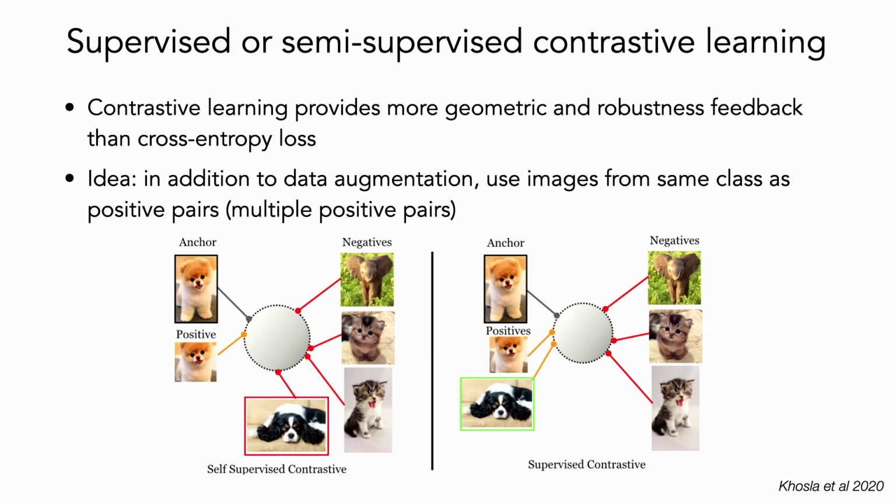So if you have images from the same class, you can use those as positive pairs. Or if you don't have labels for everything, but you do have labels for some things, you can use those positive examples as anchors and then enforce structure across whether you do or don't have a supervisory signal, which tries to get a little bit more structure and handle negatives and positives reasonably.